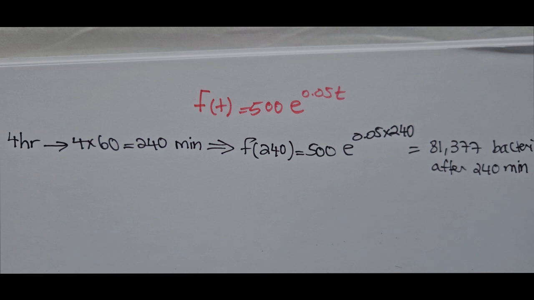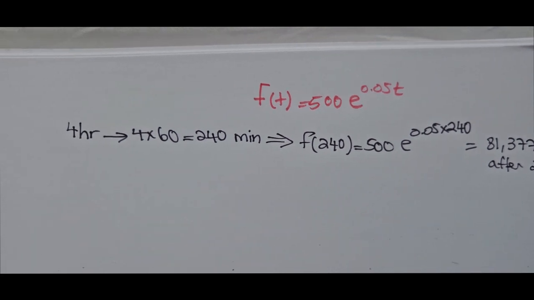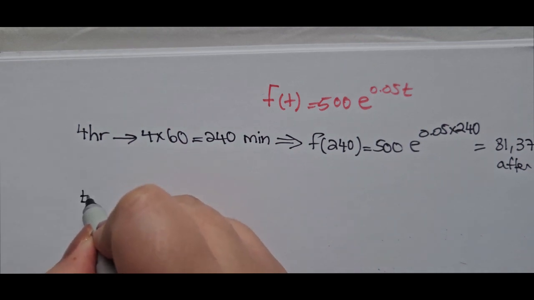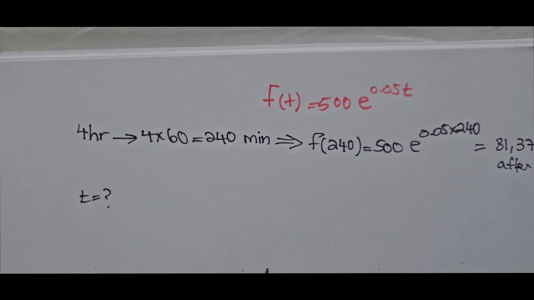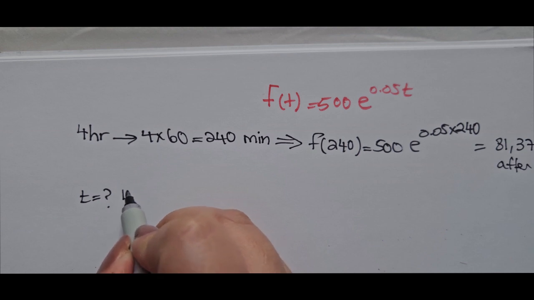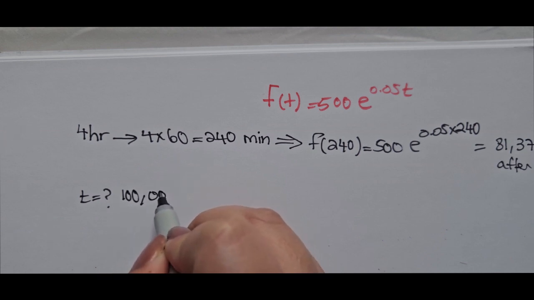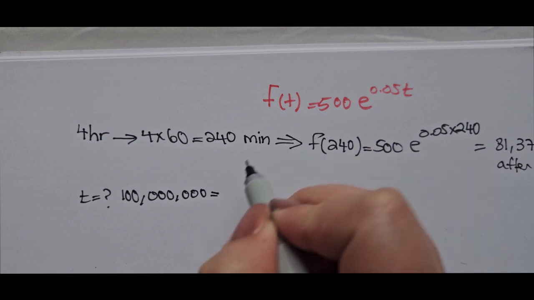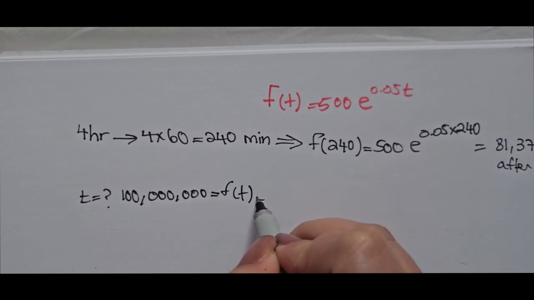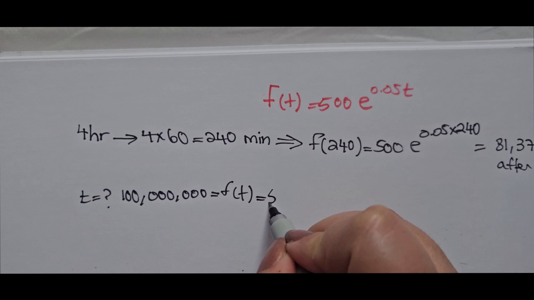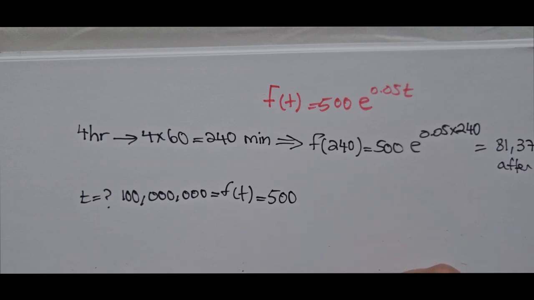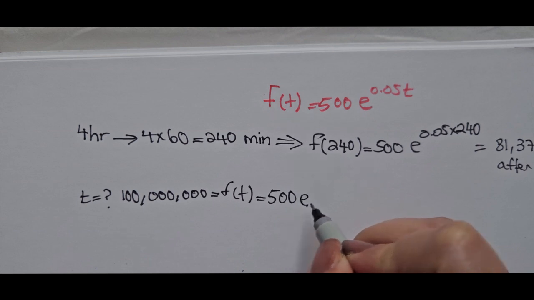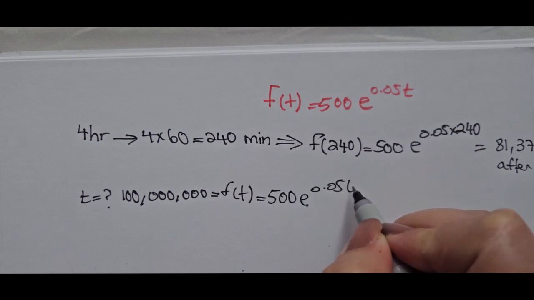This time they ask you at what time, so t is missing, the population reaches 100 million. So f of t is 100 million, and we are trying to find t, so it should be equal to 500 e to the power 0.005 t.